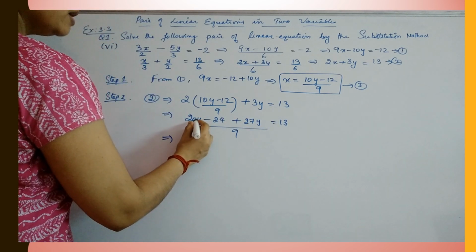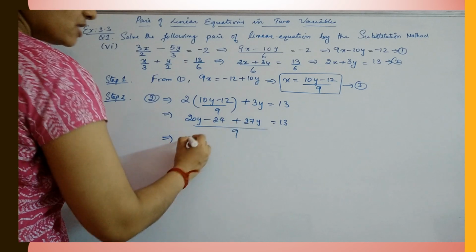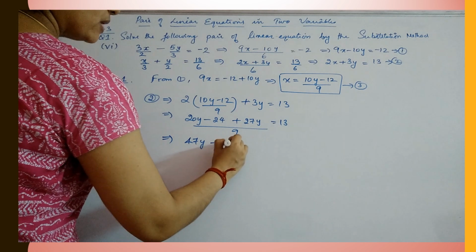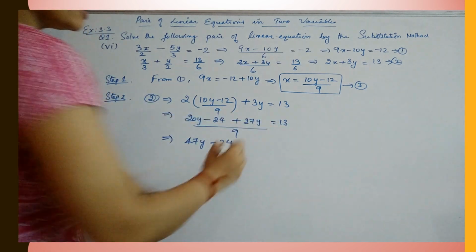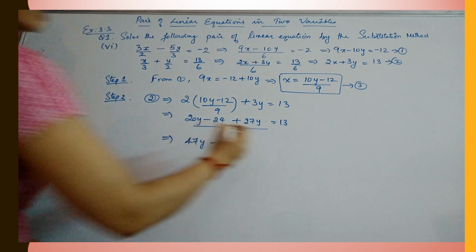That means this will become 20 plus 27. Both are y terms. Y's coefficient you can add. So you get 20 plus 27 as 47y minus 24. Now this 9 is taken to the other side. It will become 13 into 9. And what is 13 into 9? It is 117.